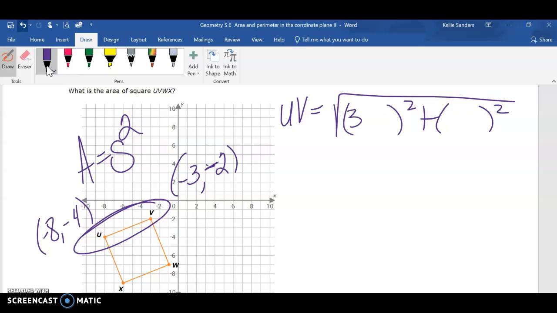Negative 3 minus a negative 8, so negative 3 plus 8. Negative 2 minus a negative 4, so negative 2 plus 4. Negative 3 plus 8 is 5. 5 times 5 is 25. Negative 2 plus 4 is 2. 2 times 2 is 4.